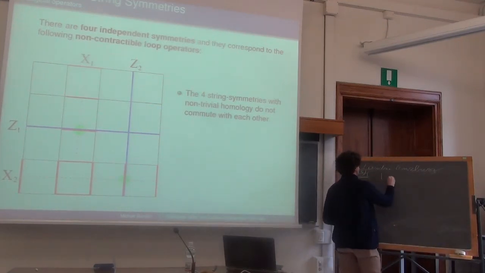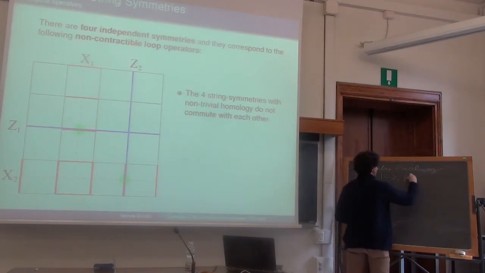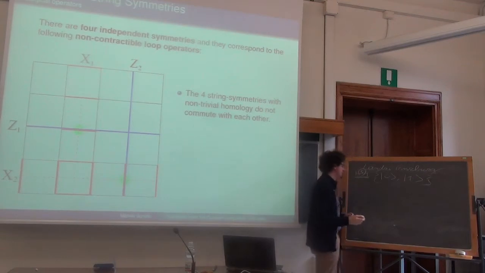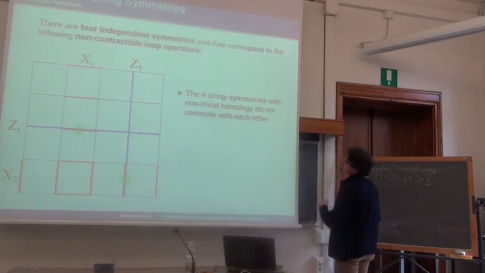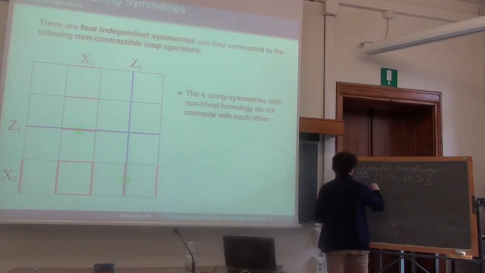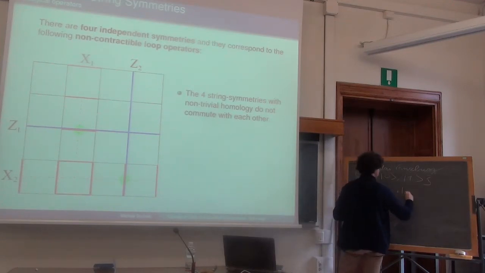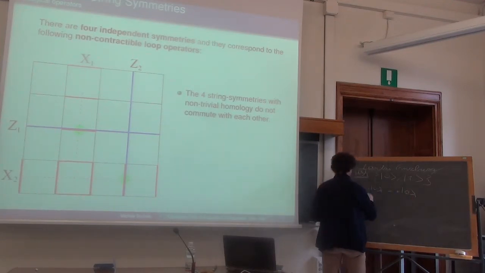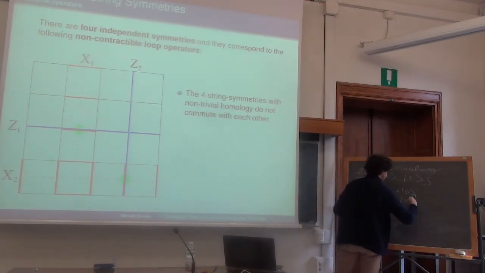I define for each qubit a space which is simply 0 and 1 on the basis, and these are eigenstates, for example, of Z1. So I will have that Z1 on 0 is equal to plus 0, and Z1 on 1 is equal to minus 1.